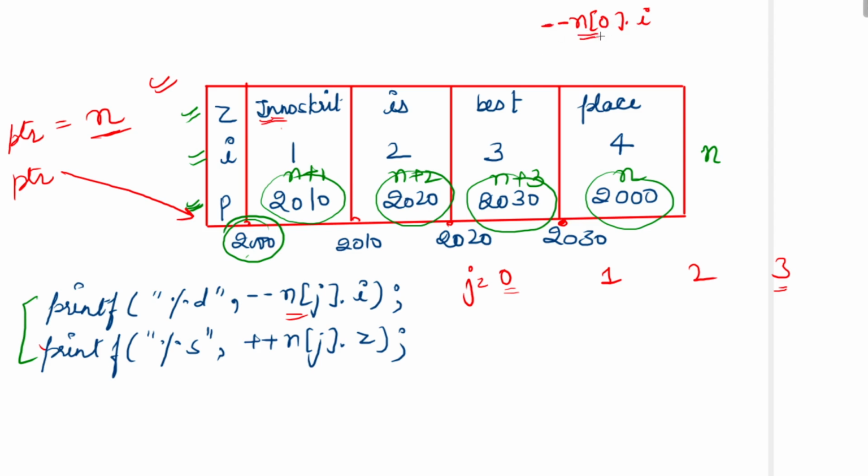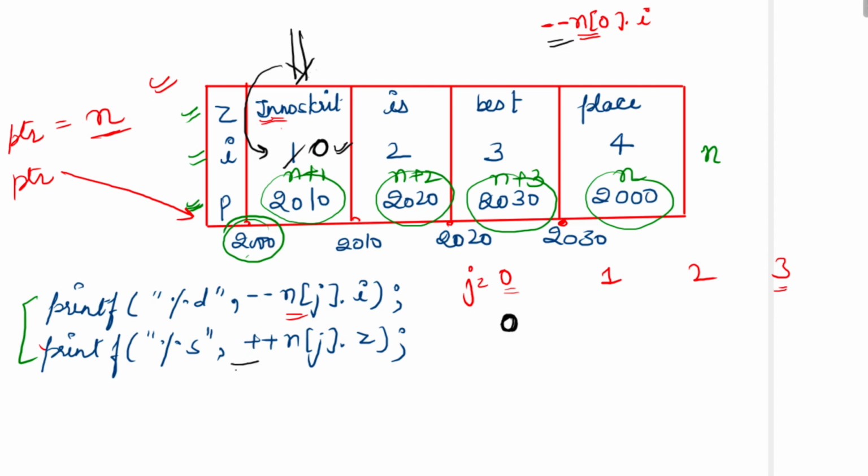First we'll go to the 0th location, which is basically this one, and at the 0th location go to the value of I, which is 1, and then decrement it. So the value will become 0, and since it is a pre-decrement, the value returned will be the updated one. So it will give 0.